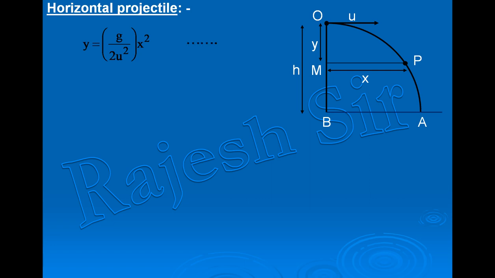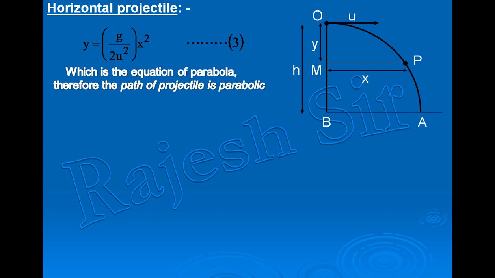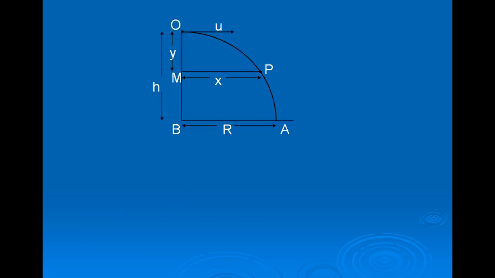Now this is the equation of a parabola. Call this equation number 3. Therefore, the path or trajectory of the projectile is parabolic in nature.